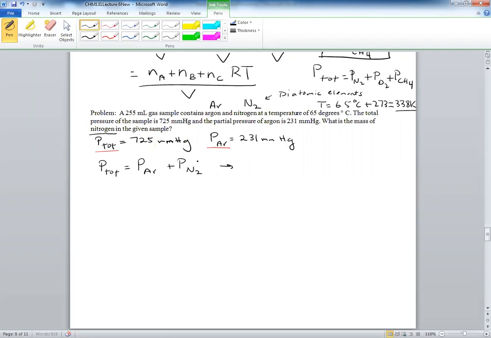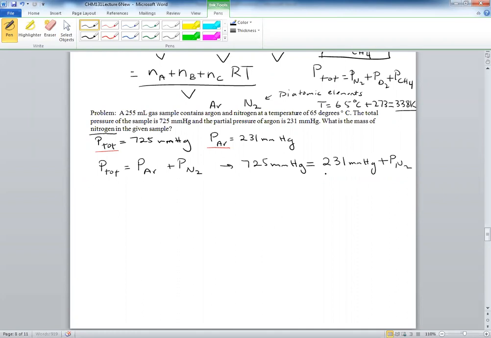So P total is 725, equals 231 for the pressure of argon, plus P of N2.